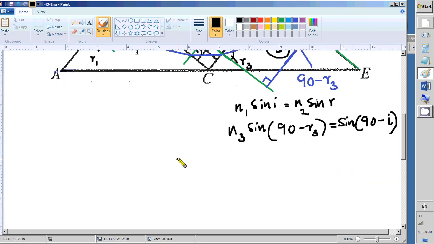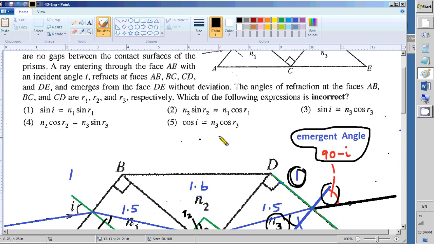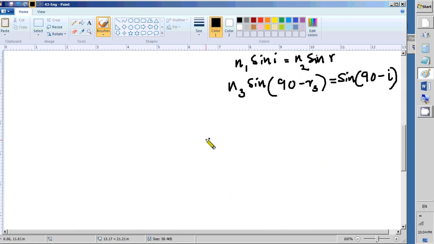So now we have to solve this, because there are no 90s here in these answers. Do you know sin of 90 minus theta equals cos theta?